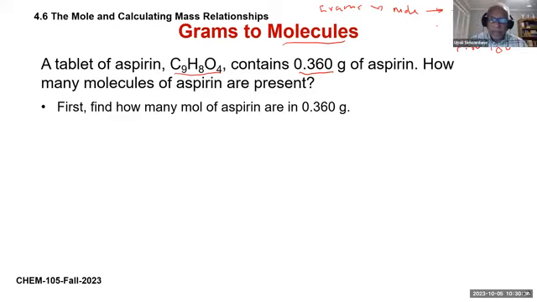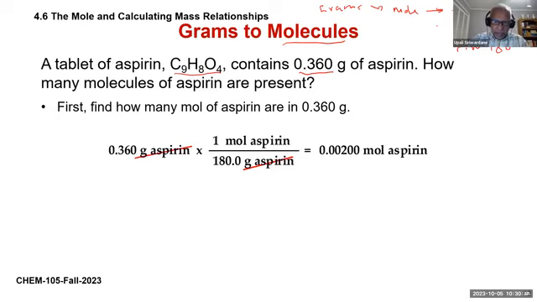First, we have to find the moles of aspirin. Moles of aspirin are found by grams of aspirin divided by the formula weight of aspirin, which is 180. We get the moles of aspirin. How do you get the molecules? Each mole has Avogadro number of particles, or molecules in this case.